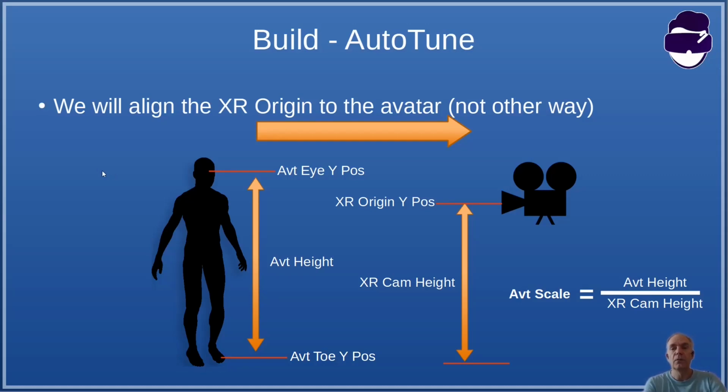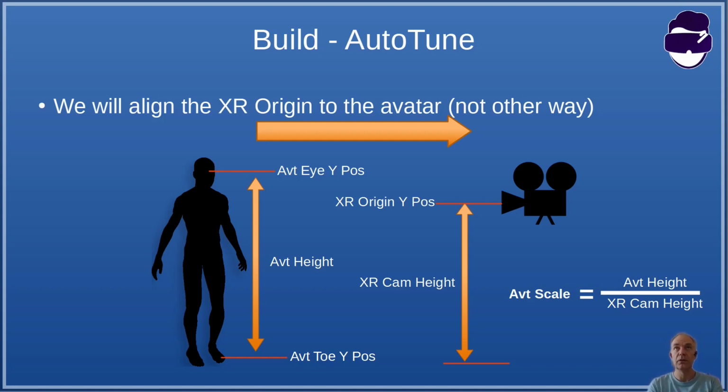To do that, I wanted to implement a function called AutoTune, which will be run only once, and it'll look at the size of the avatar versus the size of the XR origin. We will look at the height of the eye position of the avatar, and also at where the toes of the avatar are.